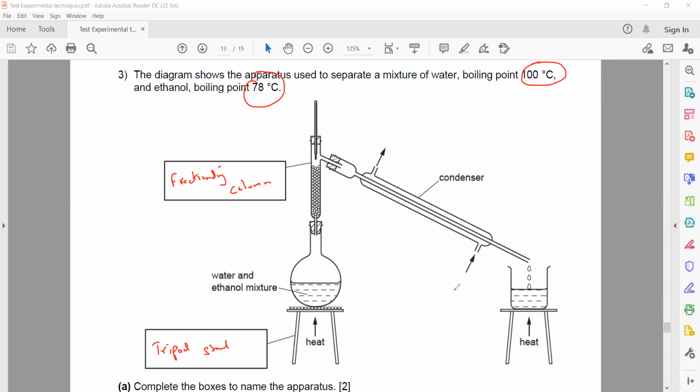Then we have to label the arrows. So here the water is in, as you can see the arrows pointing in, and here the water is out. Normally cold water enters and hot water goes out. But if you write water in and water out, that is also acceptable. If you don't write cold water or hot water, that is also the right answer.